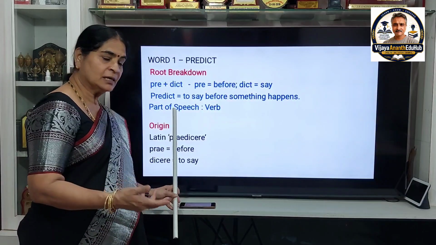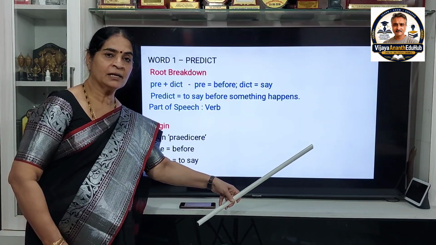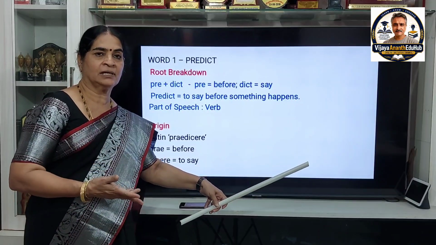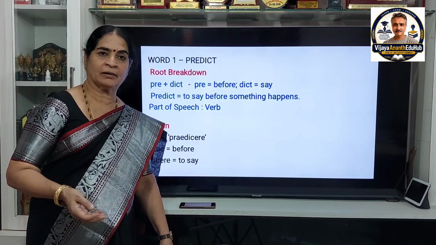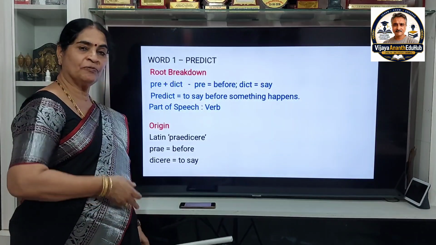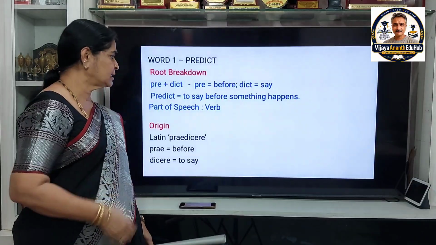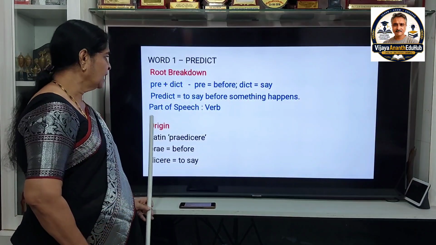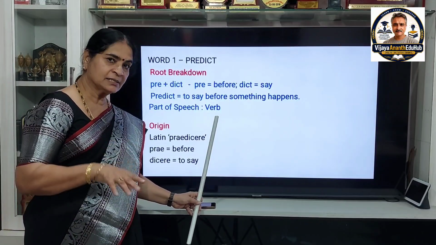So predict means to say before something happens. It may rain. Rainfall will be there. The weather is predicted. So before the rain falls, people say that. So that is predicting. And the part of speech of predict is verb. Predict is a verb.